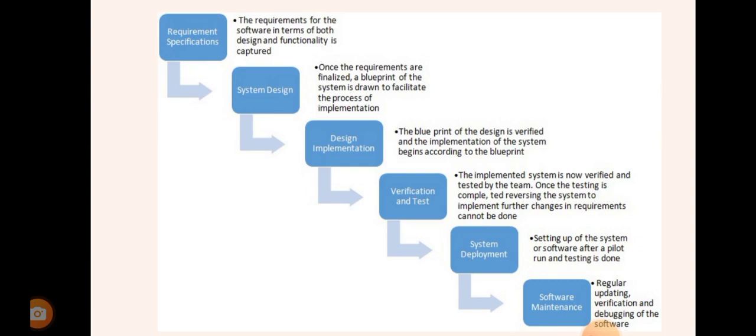Kapag na-accomplish mo na si requirement specification, ang next na gagawin ninyo, it is a waterfall, continuous po. Kung natapos mo na ang top priority task na ibinigay sa iyo, the next that you will be doing is ang susunod na task, which is the system design, and so on.